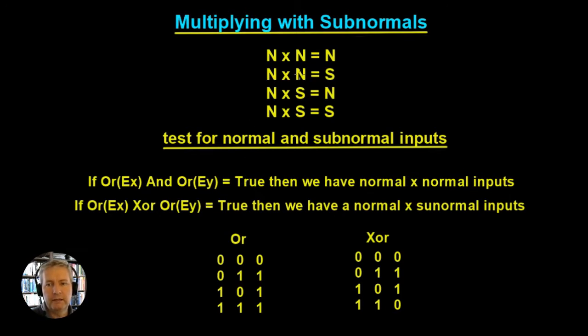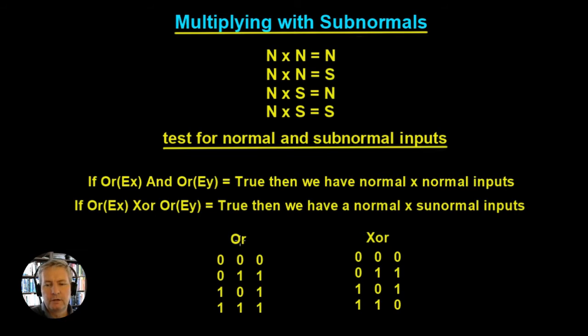So in order to test and find out whether we've got a normal number or not, we can use an OR gate. So we can OR all of the bits together. Whenever we've ORed all of the bits together, if we get at least one value which is high, then we'll get a high output. I've just put the OR truth table there as a reminder.